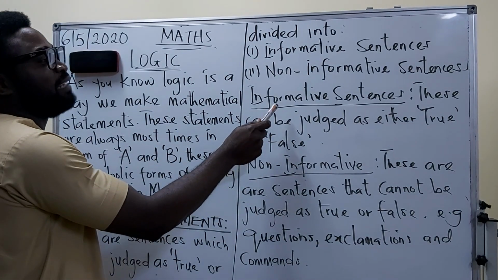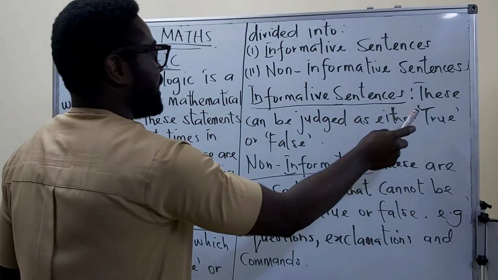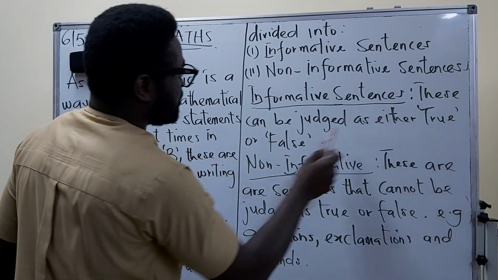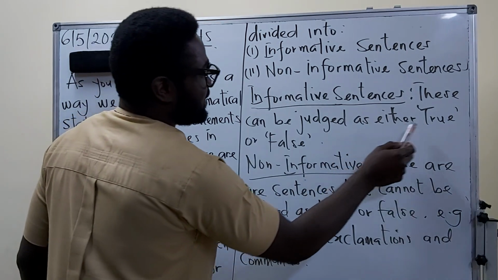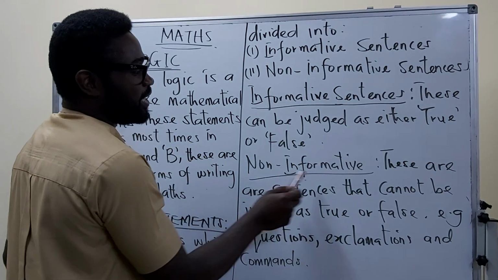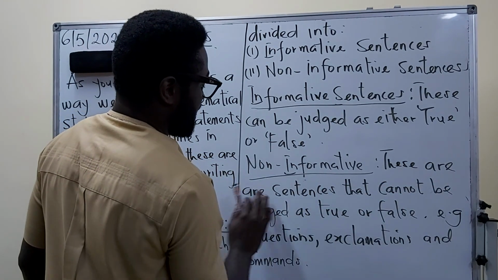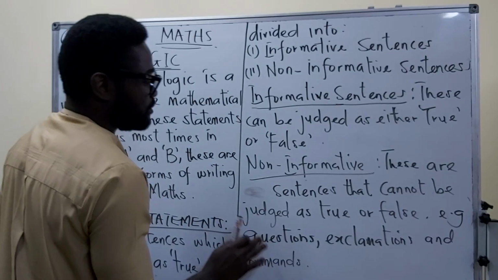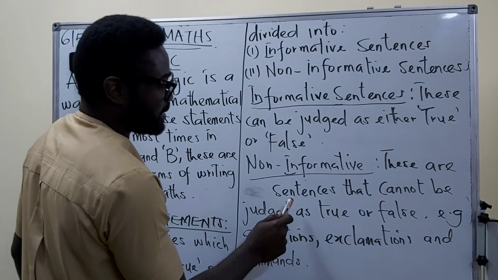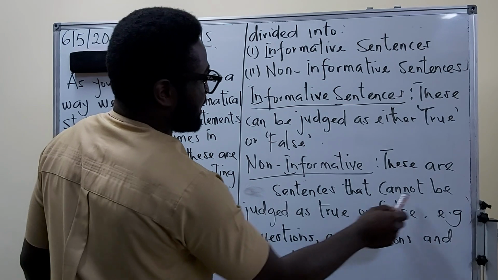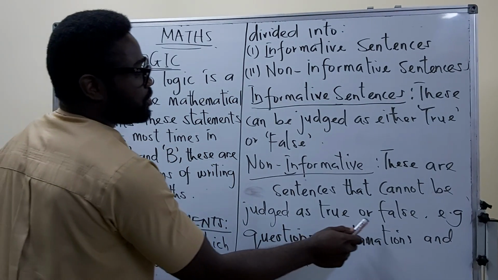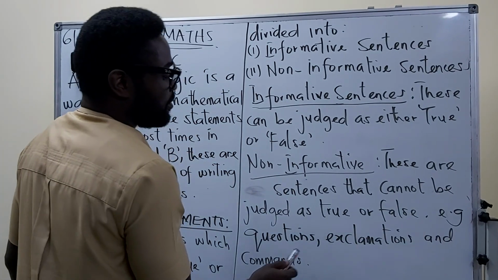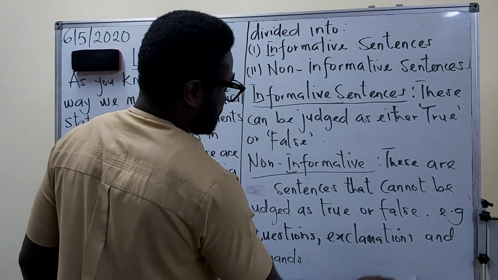Informative sentences can be judged as either true or false. Non-informative are sentences that cannot be judged as true or false, e.g., questions, exclamations, and commands.